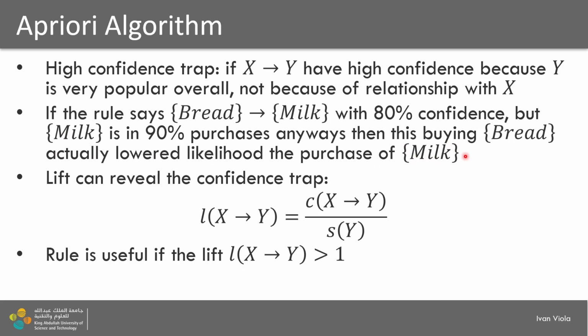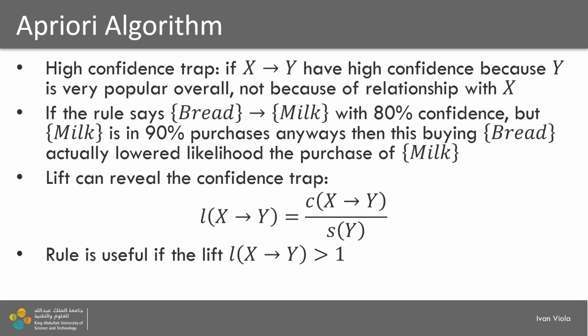So it actually doesn't have a positive association. It has actually a negative association. So this high confidence can actually be quite misleading, and therefore it is interesting to search for other ways how we can discover whether there is a high confidence trap or not.